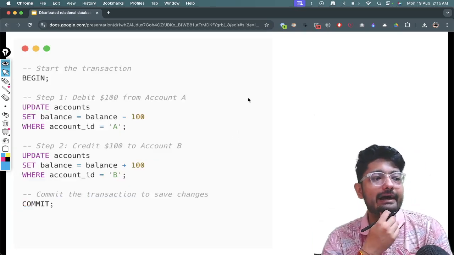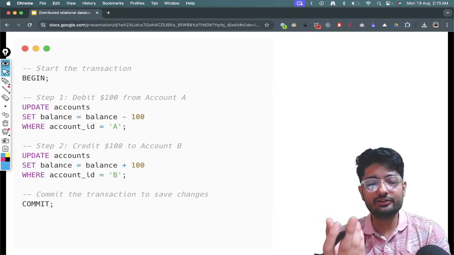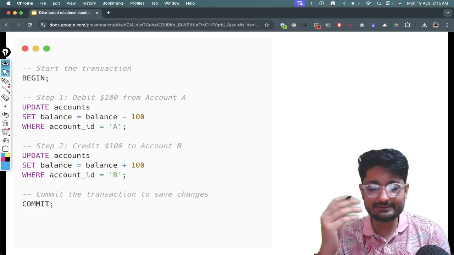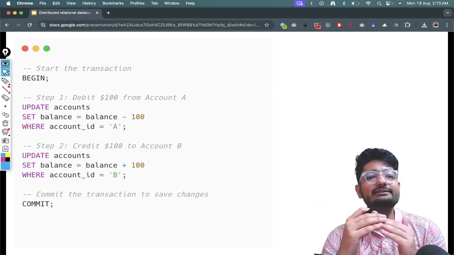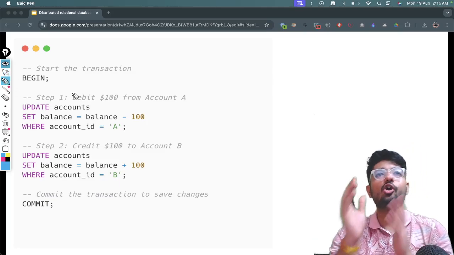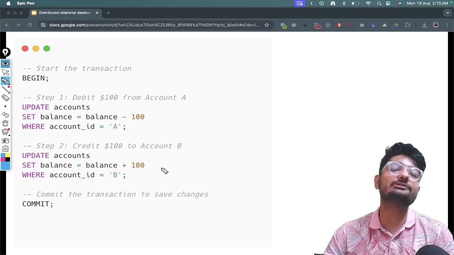Let's say you are doing a transaction. Transaction is generally a word you hear in terms of the banking sector. So a transaction in simple terms means a sequence of operations that you have to do in an all or none manner. Either all of these operations are done or none at all.